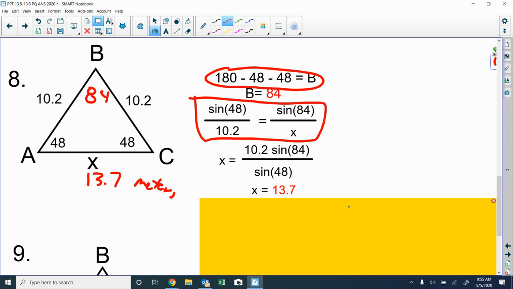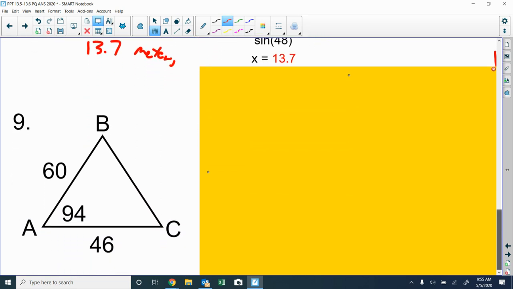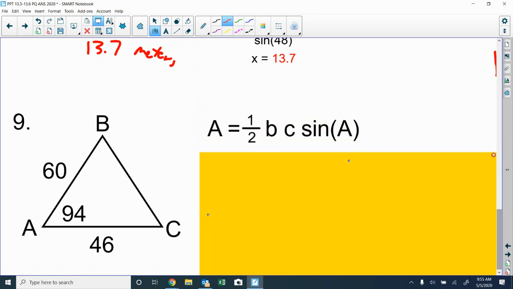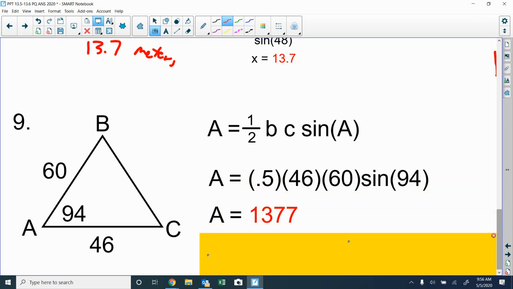Last problem. Woohoo! All right. Last problem is an area problem. So we have that area formula. Area is equal to 1/2 BC times sine of A. So again, real simple. 1/2. Make sure you use your brackets. Make sure your calculator's in degrees. And you should get that area.